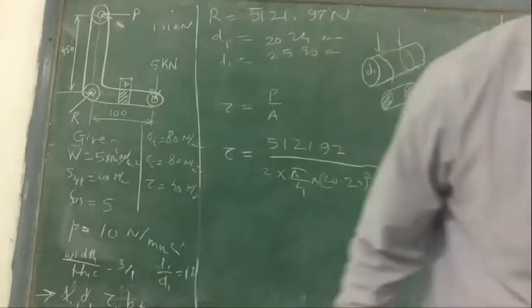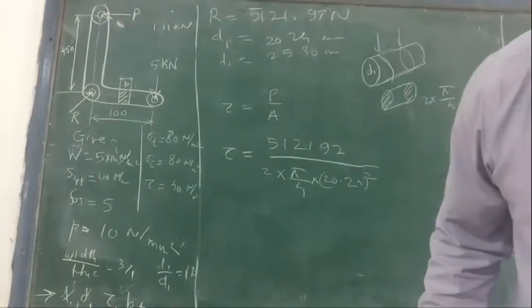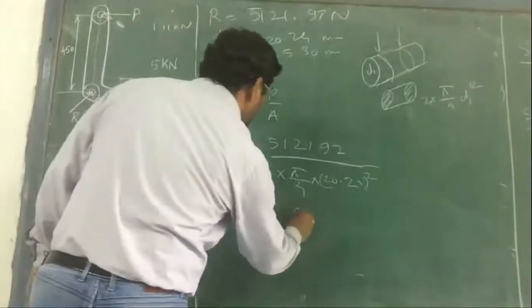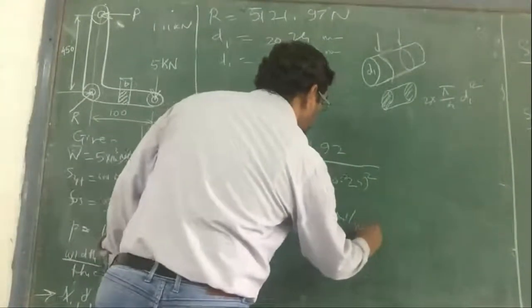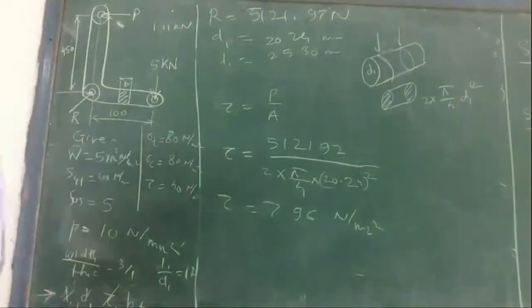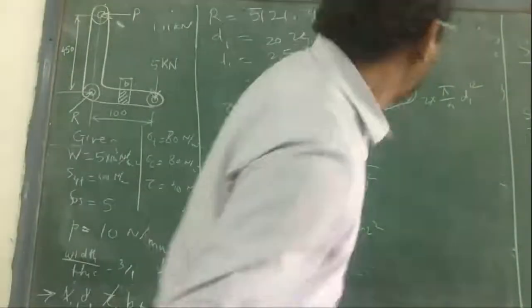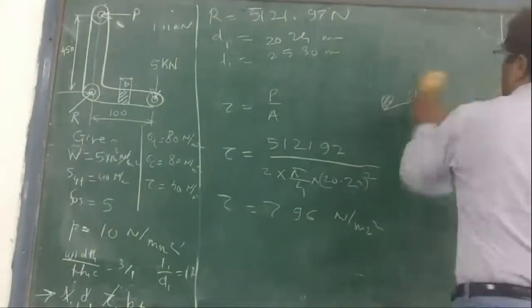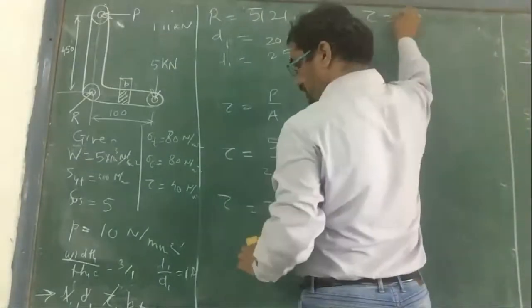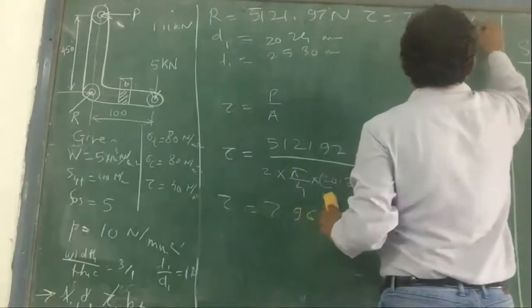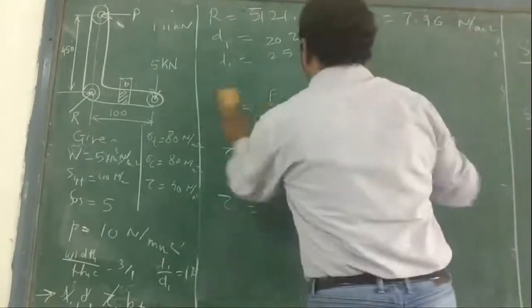With that, we get 7.96. So this is the shear stress at the fulcrum pin: tau is 7.96 Newton per centimeter square.